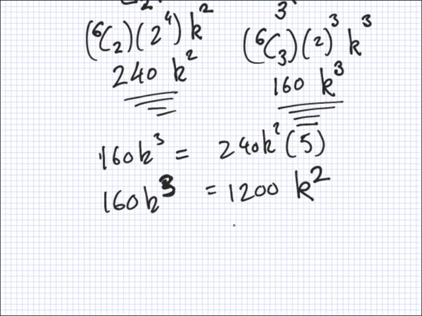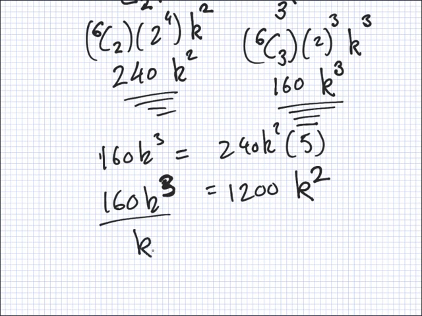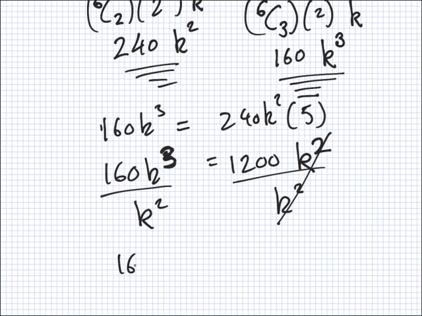So divide this by k squared and divide this by k squared. So they're gone. 160k equals 120. So I think it's clear to finish we have to divide by 160 now. 7.5. Is that 7.5? Yes.